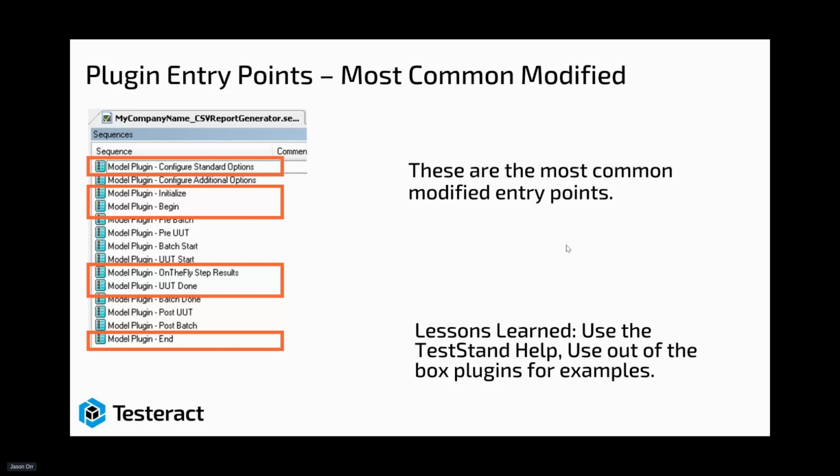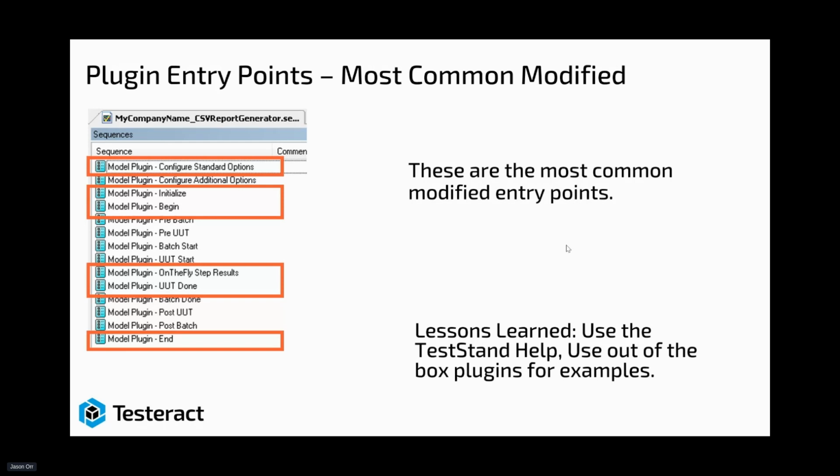And there's a lot of them, but what we've gone ahead and done is identified and highlighted really the ones that we found are the ones that are most often interacted with, right? So these are the most common entry points that are modified. Most of the other ones you may find a reason to use, but in general, you don't really need to use them. And these are the ones that really matter.